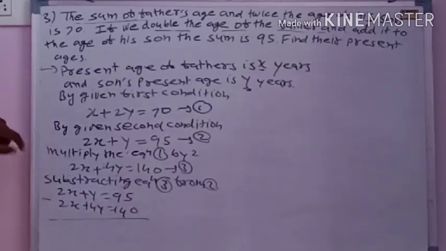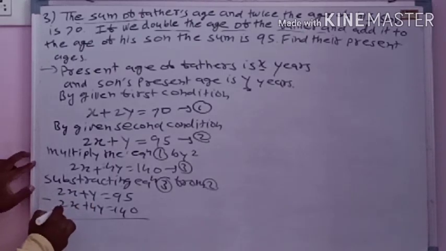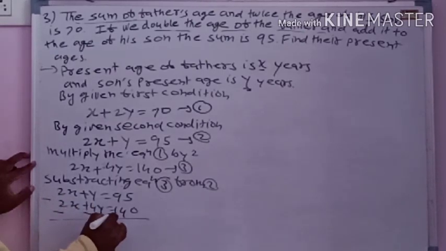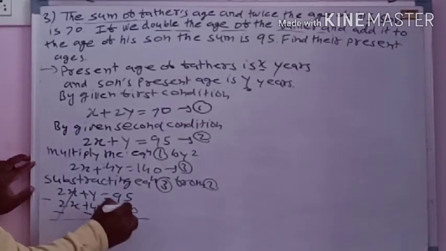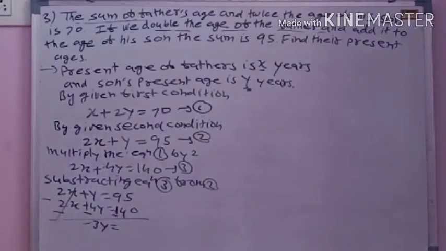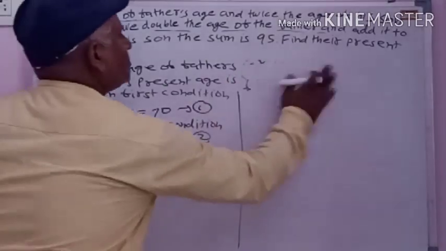Write these equations like this and change the sign. 2x minus 2x gets cancelled, y minus 4y is minus 3y, 95 minus 140 is minus 45.